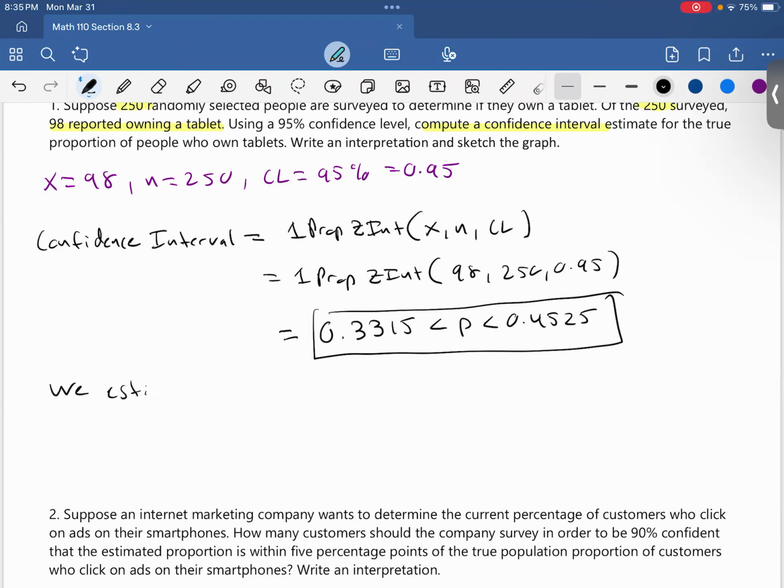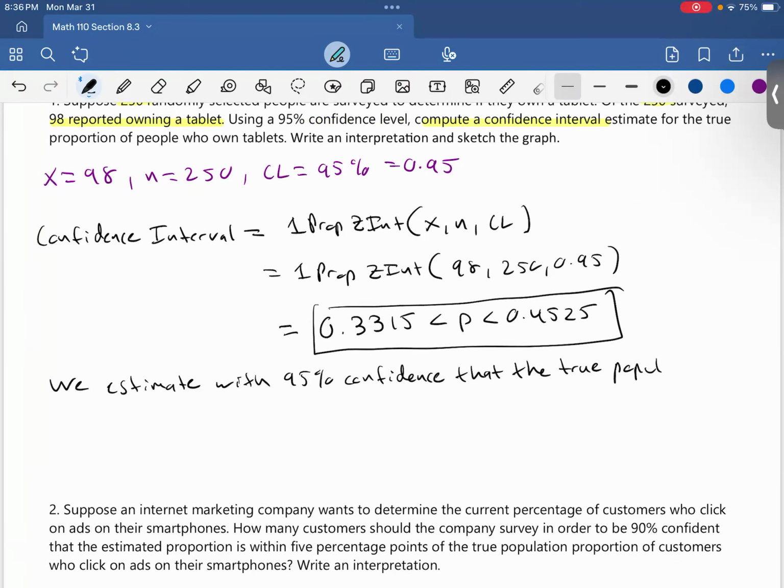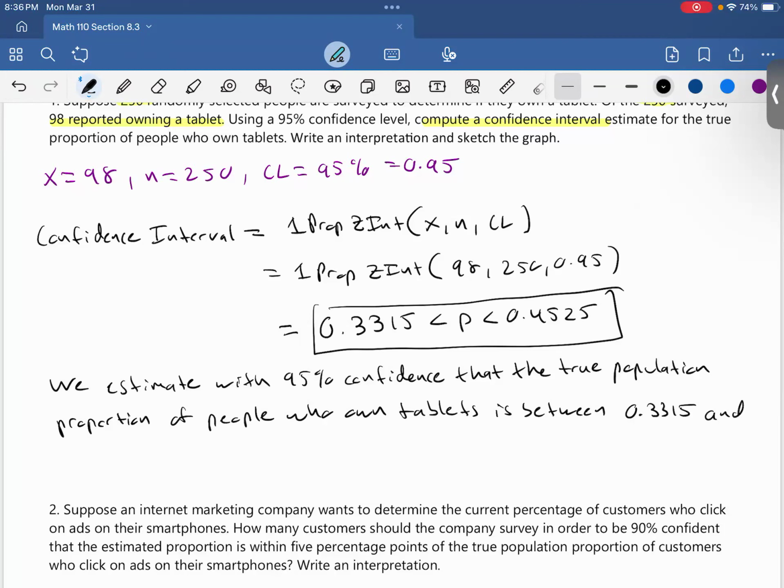So we estimate with 95% confidence that the true population proportion of people who own tablets is between 0.3315 and 0.4525.